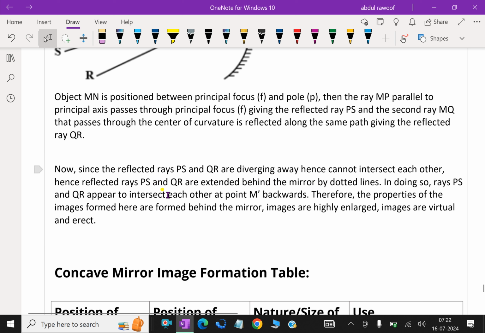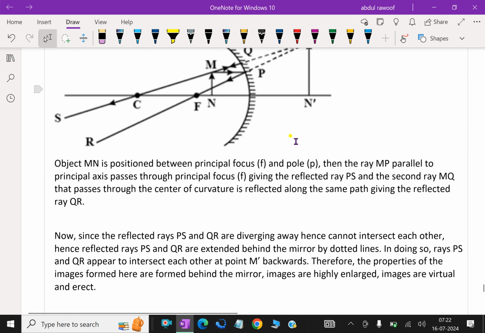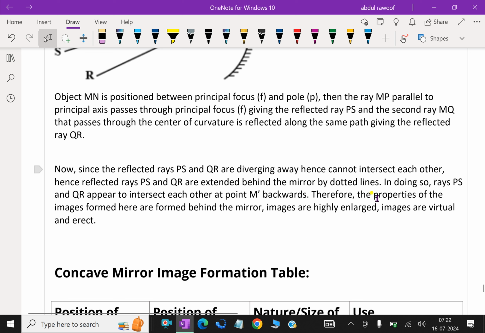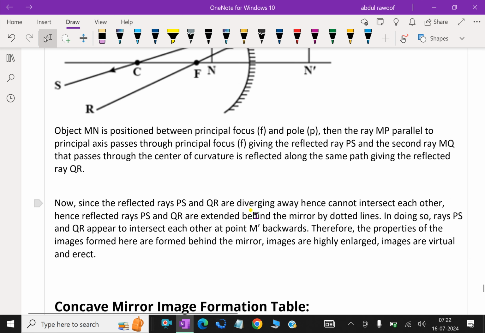Hence, they are extended behind the mirror by dotted lines, because it is imaginary. In doing so, the rays PS and QR appear to intersect each other at point M dash behind the mirror. Therefore, the image is formed behind the mirror. Images are highly enlarged, virtual and erect.